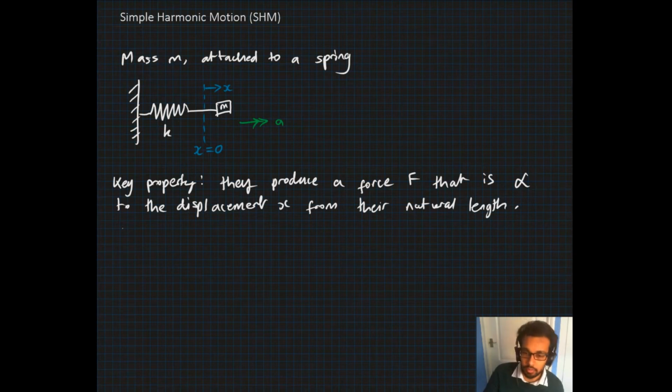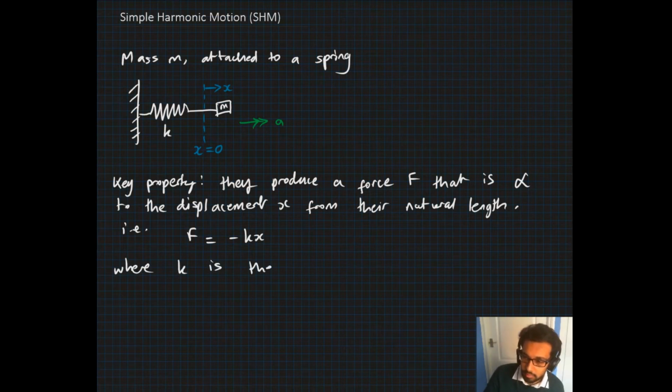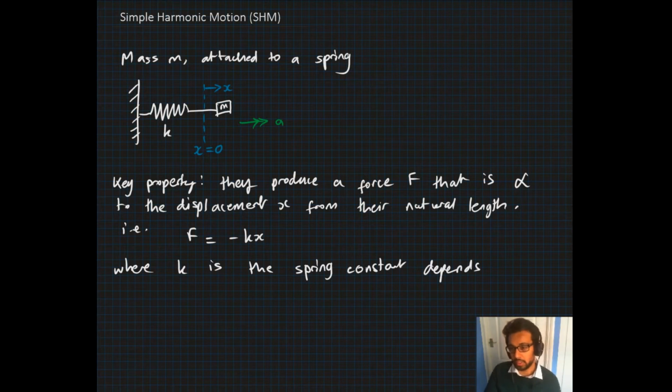Okay, so writing that as an equation, we can write F equals minus kx, where k is the spring constant, and this depends on the strength of the spring, or we can say it depends on the stiffness.